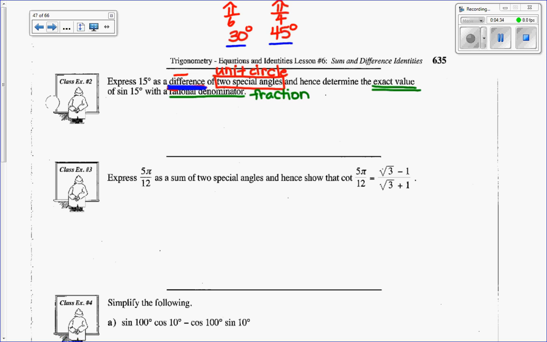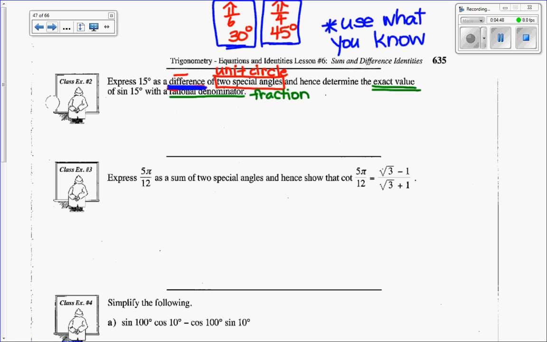So maybe make a note here: use what you know. You'll hear me repeat that often. And what I mean is use the special angles that you know. Okay, you know 30s, you know 45s, you know 60s then, right? You know 90s then.